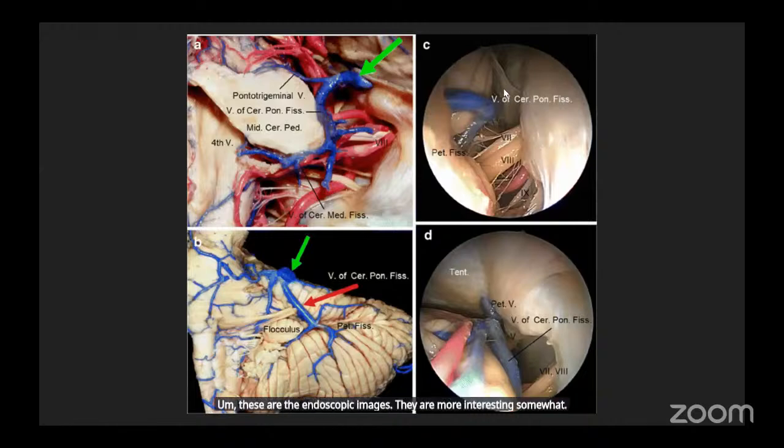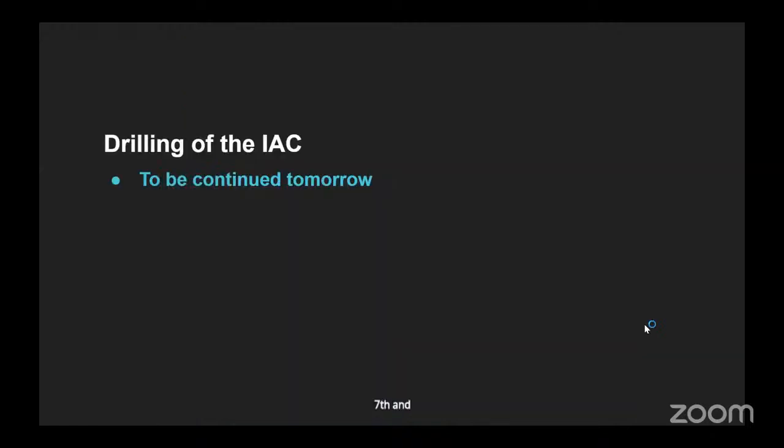You can see the 10th here and here where my cursor is. This is the superior petrosal vein, the 7th nerve, the 8th nerve, and once we go deep, in the depth there's going to be the 5th nerve, which you can see here. And they have taken the scope deeper. Once they have taken it deeper, you can see the 5th nerve and how deep it is in comparison with the 7th and 8th nerve.